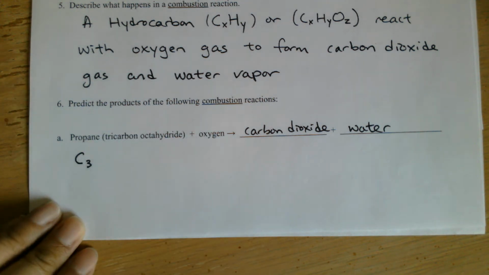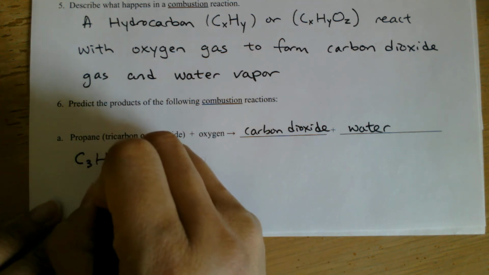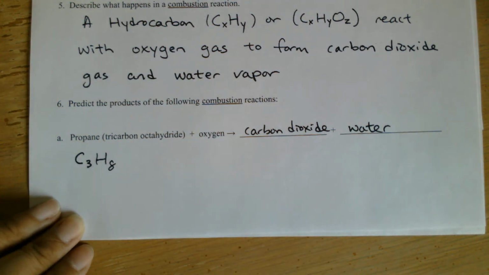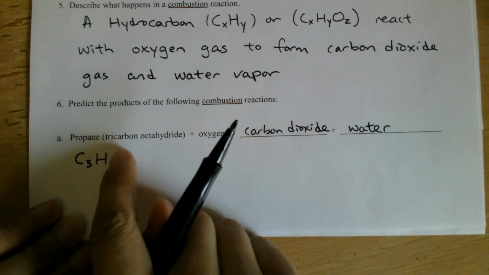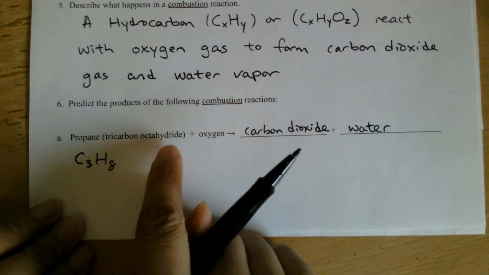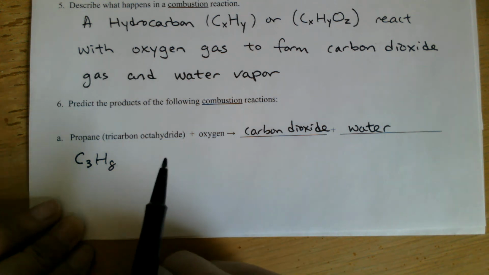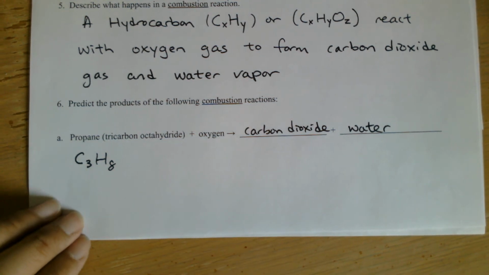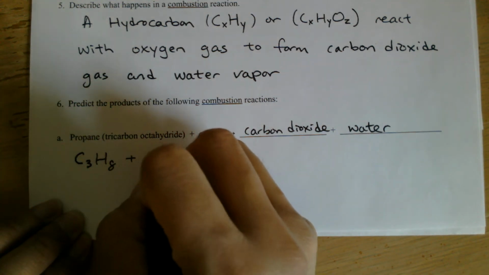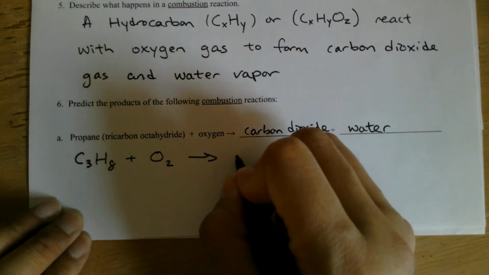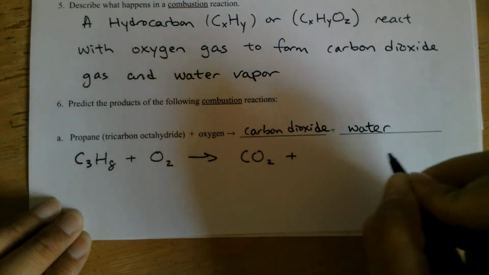And propane, that ending ane, that suffix, means that our number of hydrogens is twice the carbon plus 2. So 2 times 3 plus 2, which is 8. So it's going to be C3H8. Usually I'll always have some type of hints there to help you guys out. For example, I will say tricarbon octahydride, just to help you a little bit with the naming and writing formulas. Plus O2, and that will give you carbon dioxide, which is CO2, plus H2O.